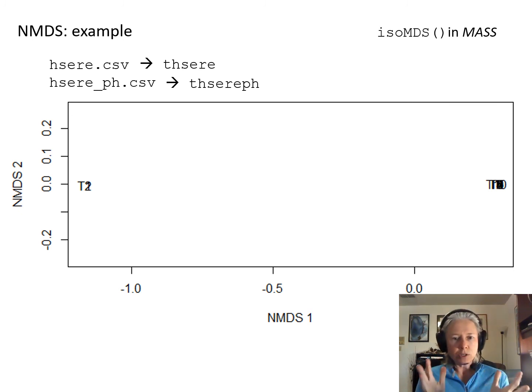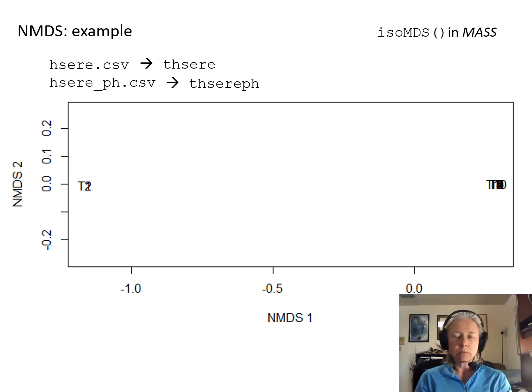There is separation of sites, but only on one axis, and the low stress value is probably because only one axis was being involved here. In situations like this, the distance matrix that you chose is usually the culprit. And so even though we went through a logical selection process, this ordination isn't informative.